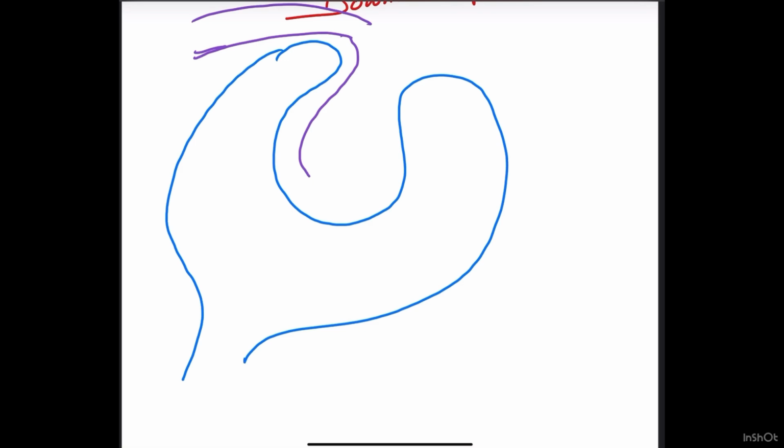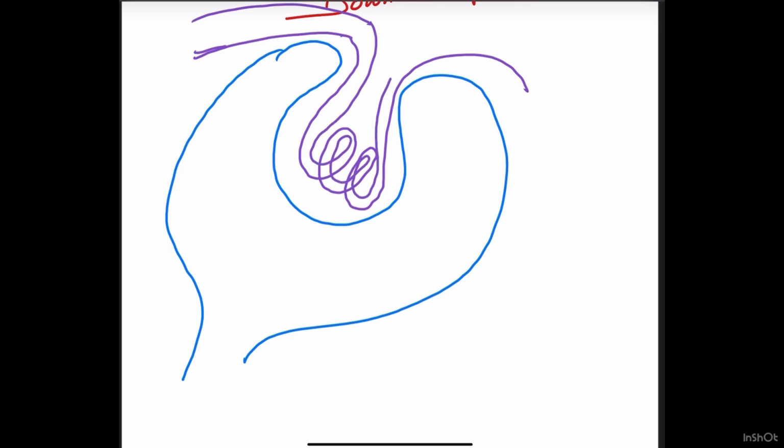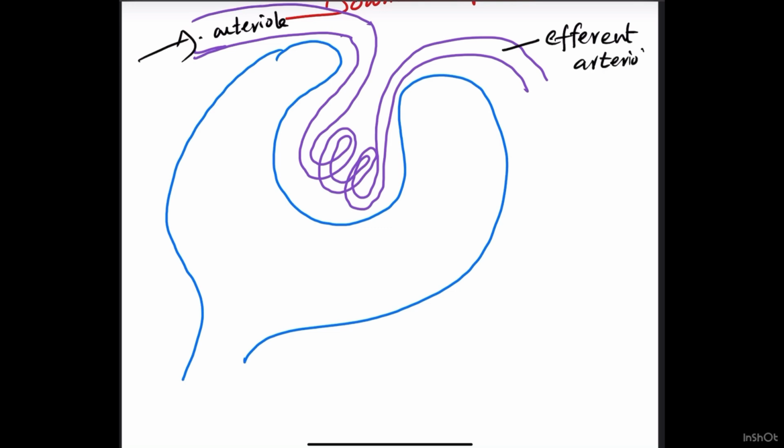I am putting two capillaries here for explanation purposes. This one must be narrow. So this is the afferent arteriole, this is the efferent arteriole, and this is the glomerulus.